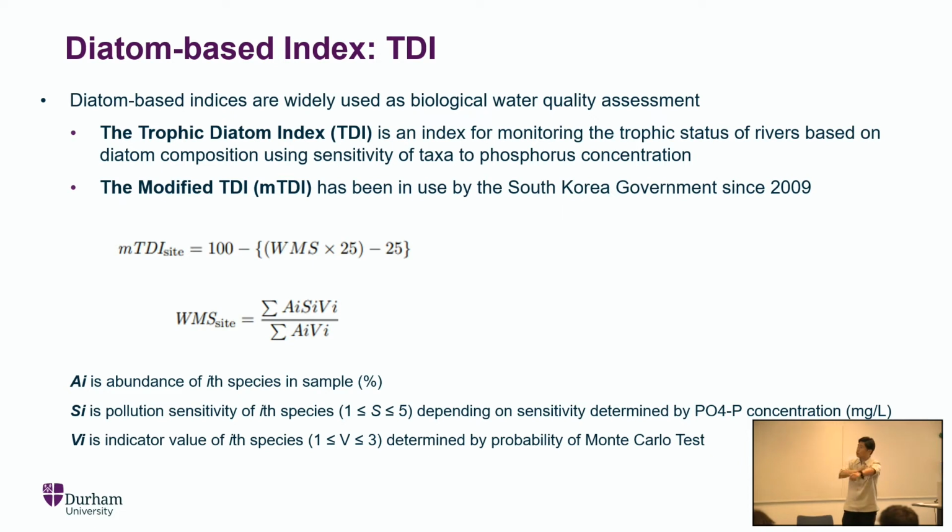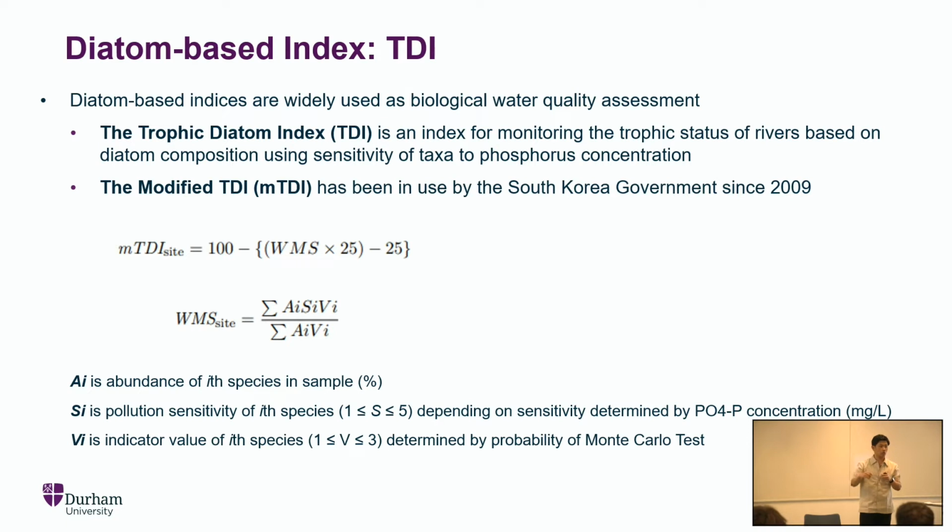As part of monitoring water quality, diatoms are very widely used as a biological indicator for water quality assessment. One of them is the TDI, developed by Kelly at Durham University. South Korea also uses this as the MTDI index, but slightly modified by deducting the score from 100.